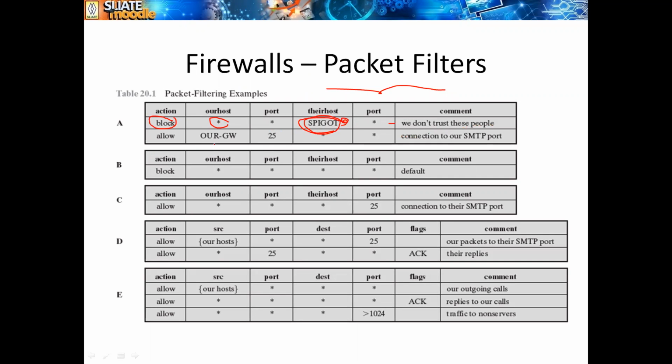Allow our gateway on port 25, the web server. SMTP is the Simple Mail Transfer Protocol, where port 25 is the mail server. Mail server data is not blocked and is allowed into our network. Default ports are blocked, and we allow port 25 to connect to the SMTP port.